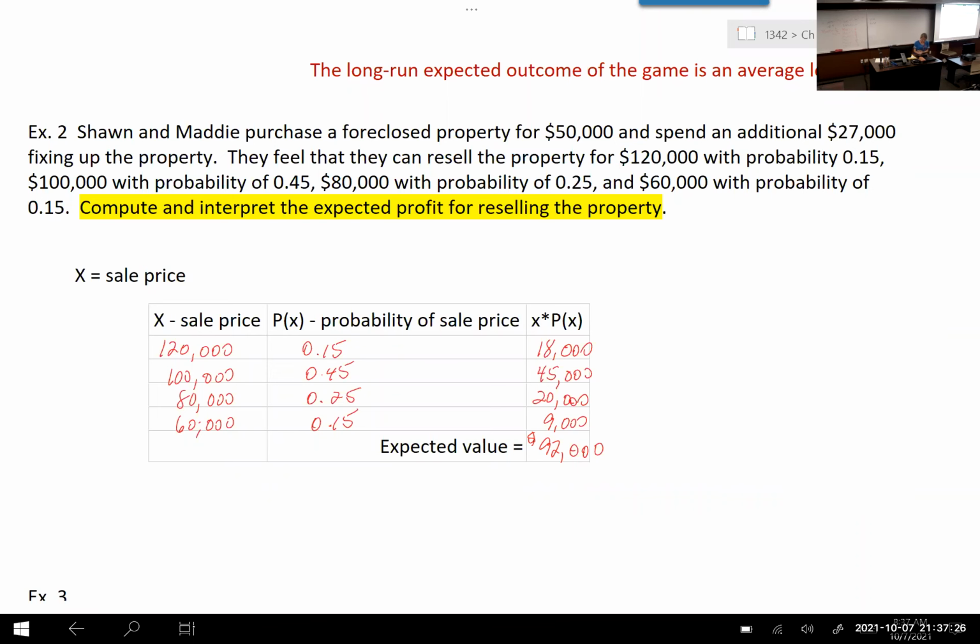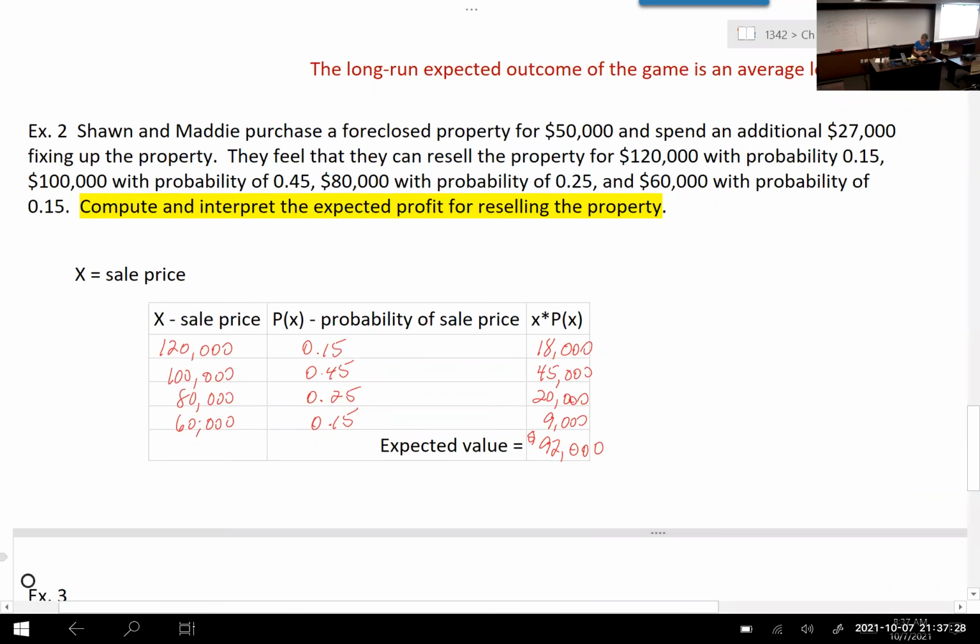So we have to figure out what is the cost that they already put into it. Plus that's how much they fixed it up with. So 50,000 plus 27 equals 77,000.